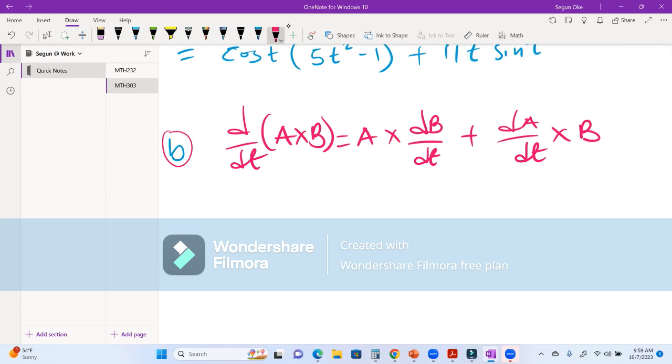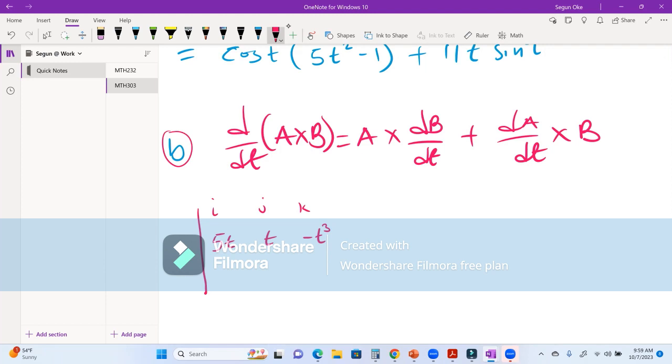Now, we know A. We know the dB/dt, the same thing. And we know the dA/dt, we know B. So what is cross? The cross is in matrix form, I, J, K. So what is A? Let's call A. A is 5t squared, t, and minus t cubed.